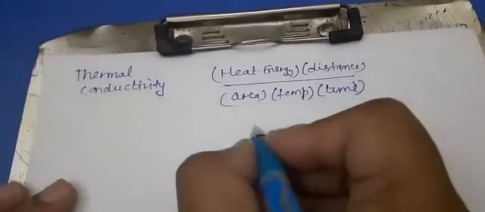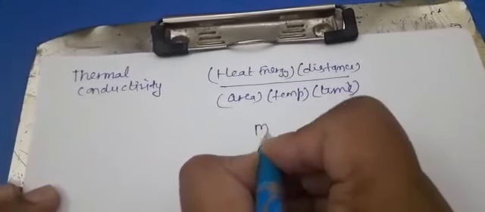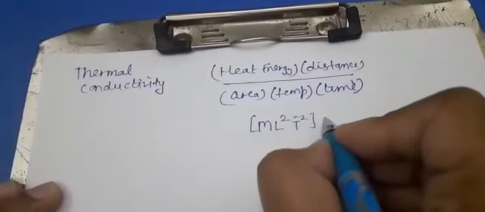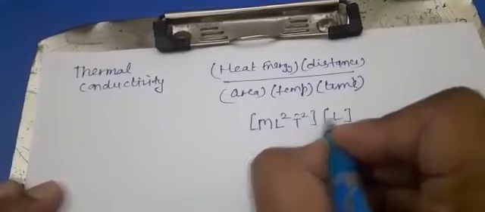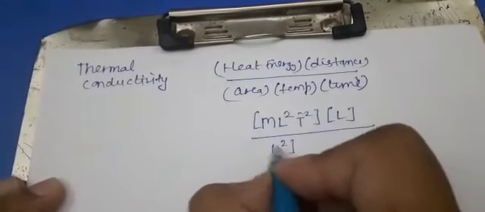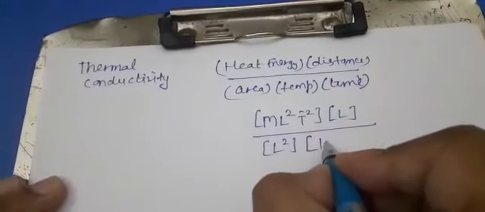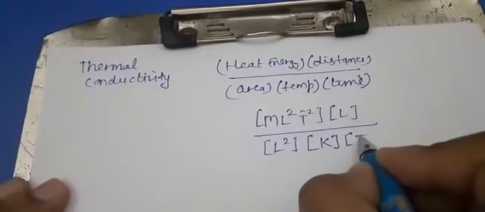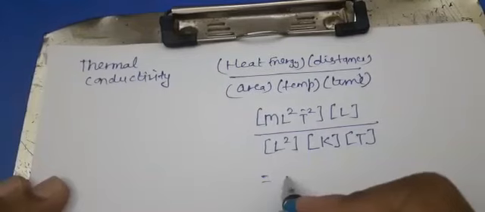Now how to find the dimension formula? Heat energy is ML^2 T^-2. Distance is L. Area is L^2. Temperature is K, the symbol will be K. Time is T. Now solve it.